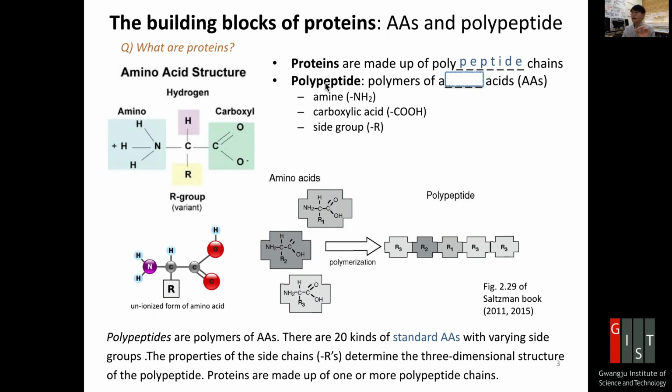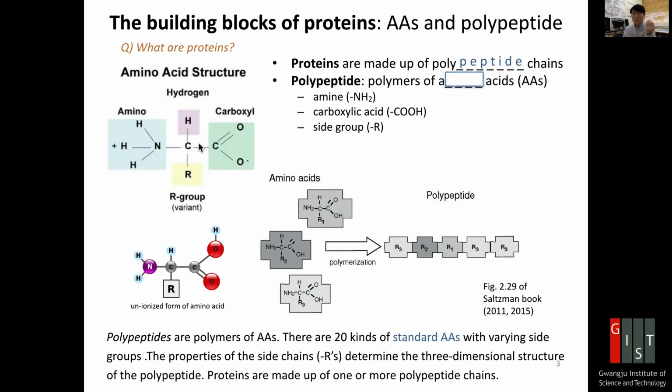Let's see what an amino acid structure looks like. An amino acid has a central carbon atom, and carbon has four bonding units. One side is a hydrogen. This side is NH3+, which is the amine part, and the other is COO minus, the carboxylic part.